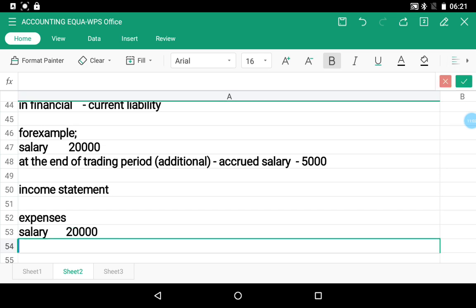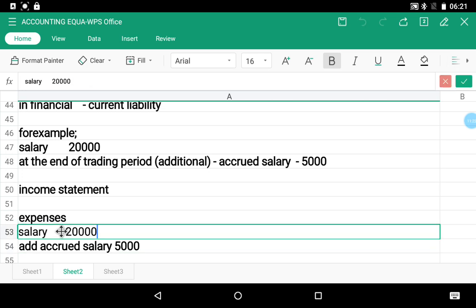We add accrued expenses, accrued salary, which the offset is 5,000.